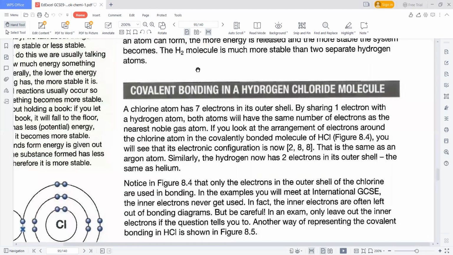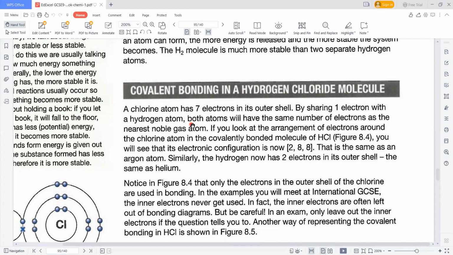Now, next thing. A chlorine atom has 7 electrons in its outermost shell. By sharing 1 electron with a hydrogen atom, both atoms will have the same number of electrons as the nearest noble gas. So basically, chlorine has 7 electrons in its outermost shell, and hydrogen has 1 electron in its outermost shell.